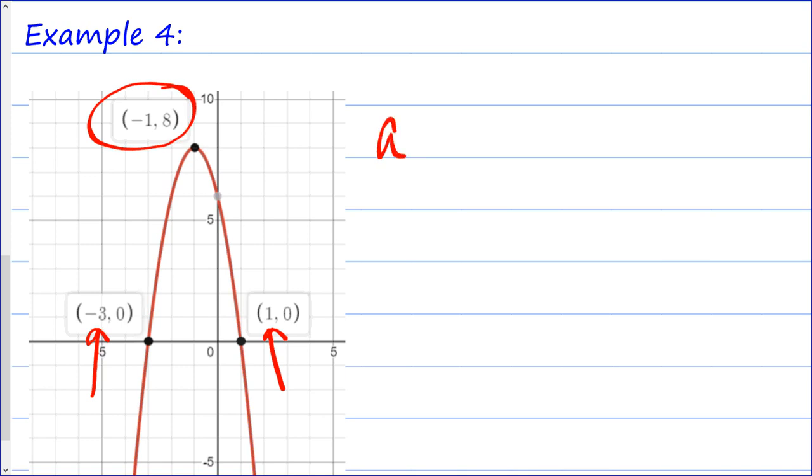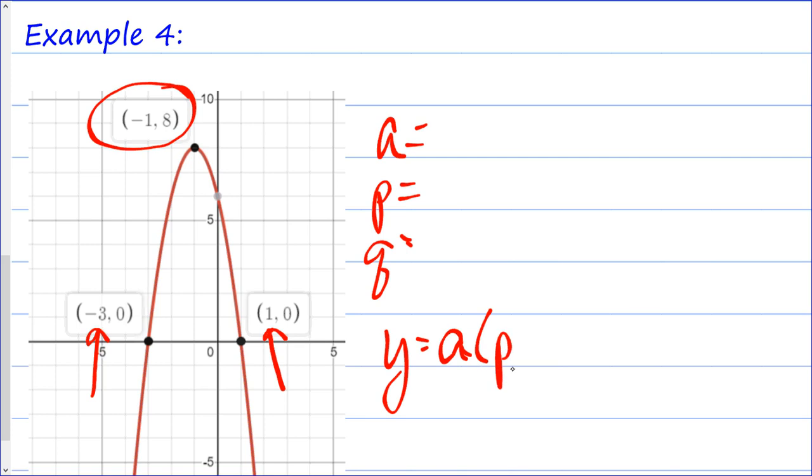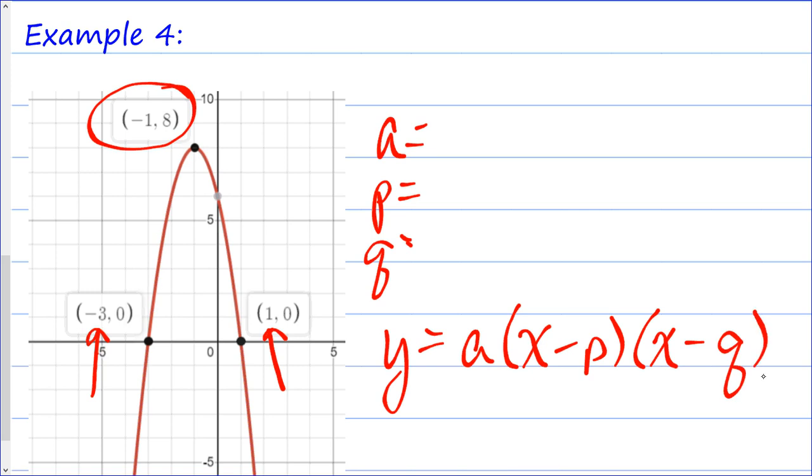And again, my zeros are super easy. In factored form, what I need is A, P, and Q. So my P is negative 3, my Q is a positive 1. My A, step to the right and count.